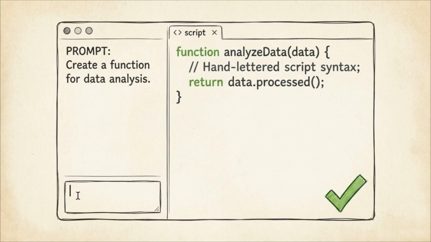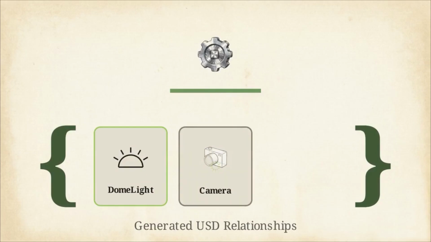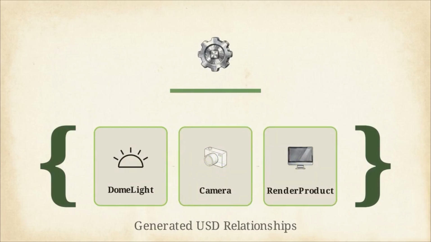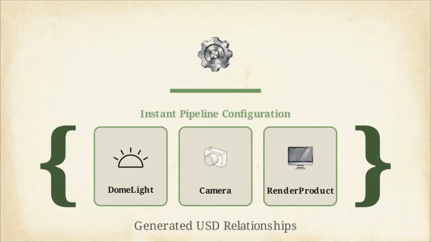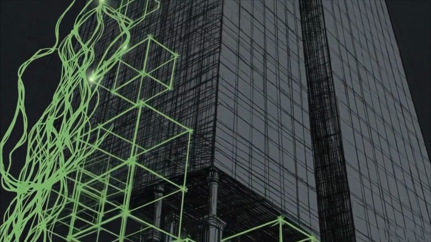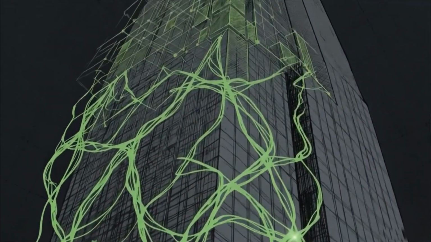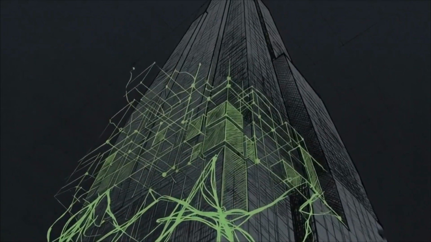The workflow is highly efficient. You point a local AI coding agent like Cursor specifically at this skills directory. The AI uses this detailed context to instantly write the required scene relationships like render products or dome lights directly into your script, bypassing hours of manual troubleshooting. Integrating these AI skills shifts pipeline engineering from a tedious exercise in syntax debugging into high-level systems architecture.